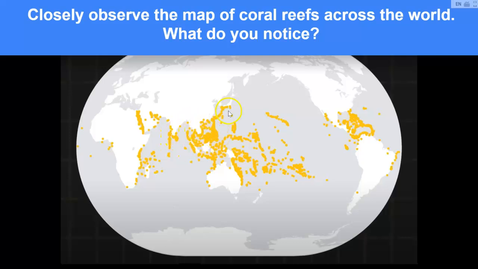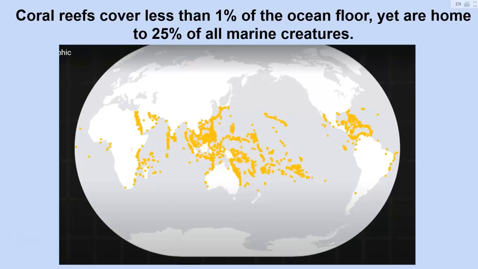There's a lot of the ocean area that is not covered by coral reefs. But in general, they tend to be closer to the surface because they are fueled essentially by those photosynthetic zooxanthellae. Coral reefs cover less than 1% of the ocean floor.